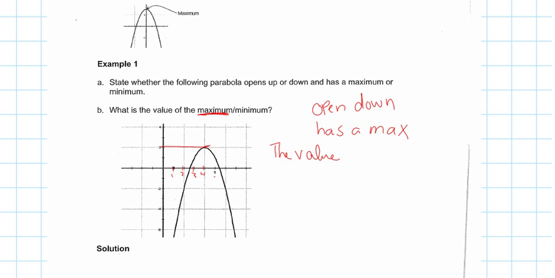So the value of the max is y equals 2. You see how I write y equals 2? I should be very specific. It's y. Are we okay with that?